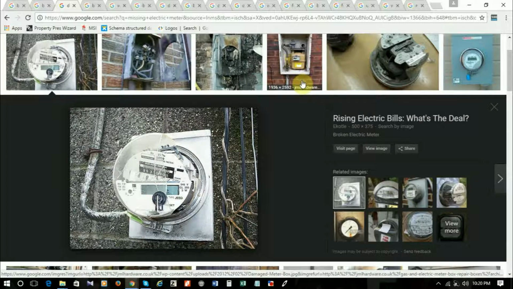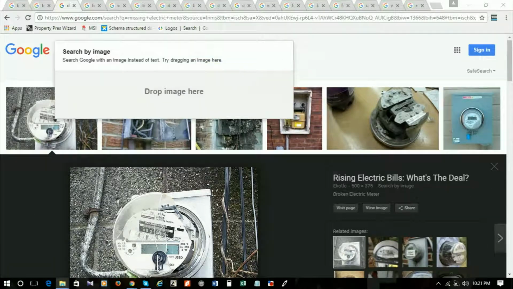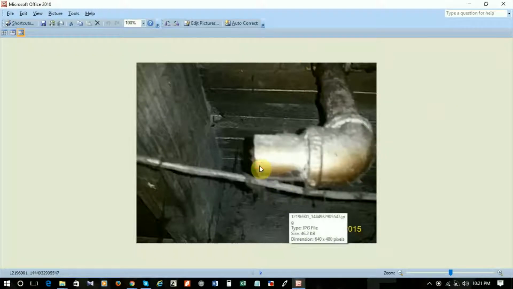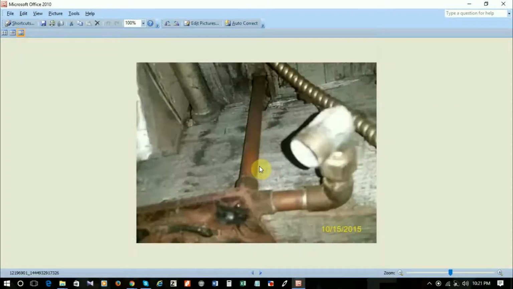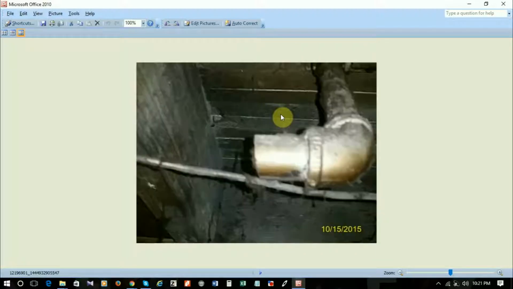This is another picture, so this is missing copper lines. As you can see, the pipe is missing around here. So these can also be the cause of vandalism because someone stole the pipes.